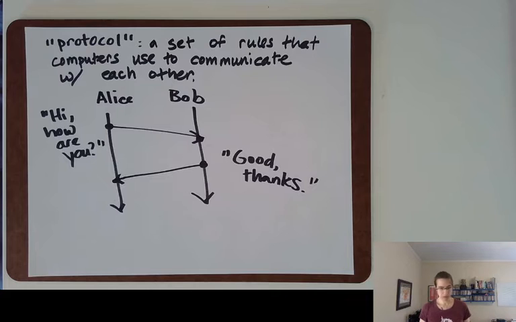Okay, so there's a protocol, or it's a particular run of a protocol. How about a different run of this protocol? Well, Bob could be the one to ask, right? It could be this.